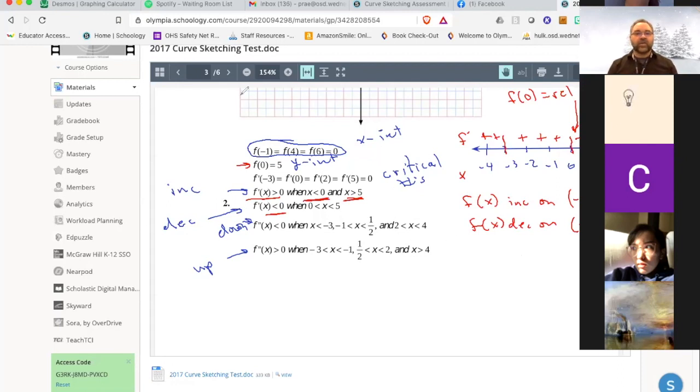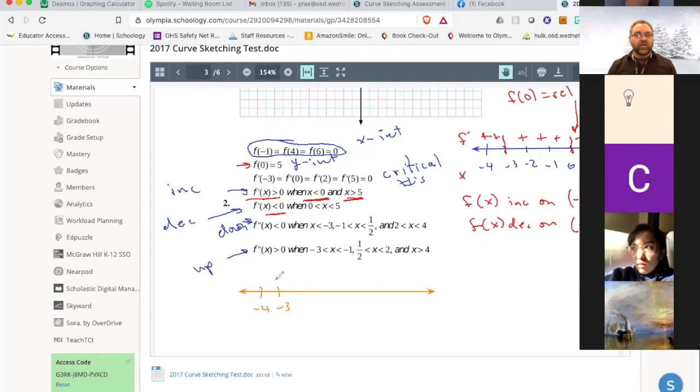Let's check out the second derivative. I didn't give you any possible points of inflection like I did with the critical numbers, but we can still do it because if you look, we have everything we need in here. Because look, it's concave down when x is less than -3, concave up when x is greater than -3.